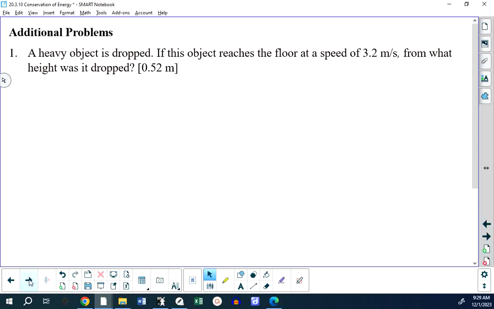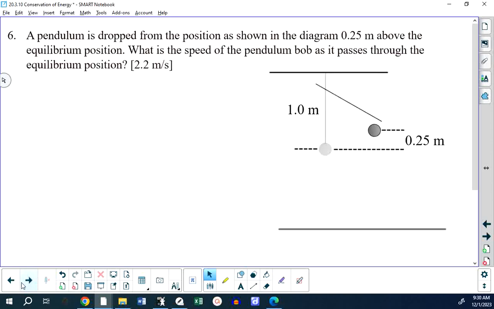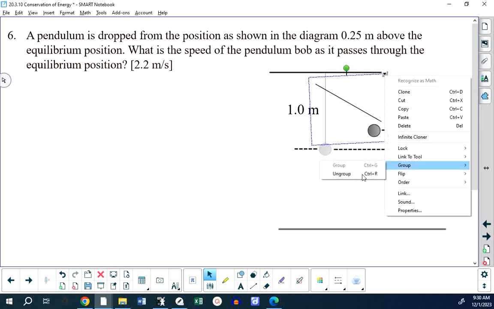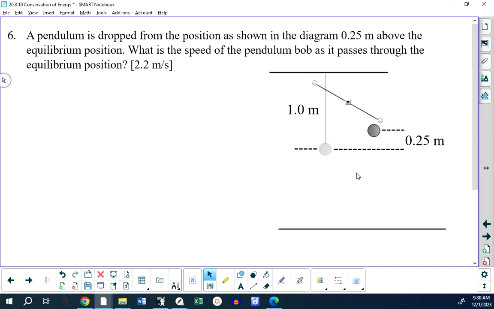Go ahead, Noel. 6? Okay. All right, let's take a look at number 6. So you have a pendulum, some kind of weird looking pendulum. You have a pendulum that is in that position.